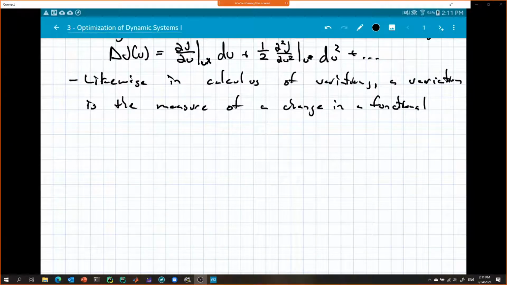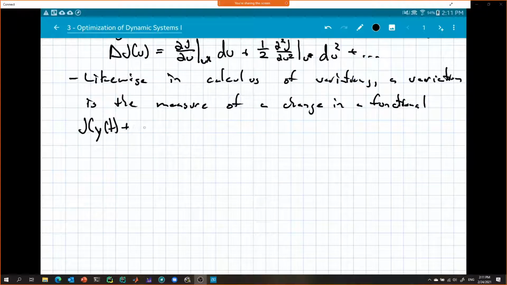I forgot to mention that these functionals are all scalars. So even though we feed in vectors, the functionals themselves are scalars.